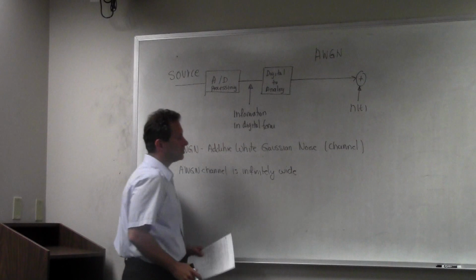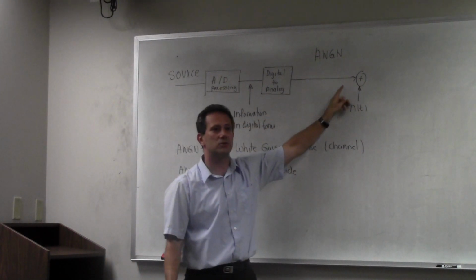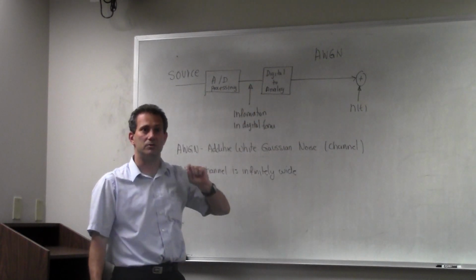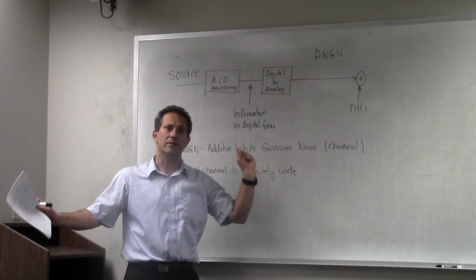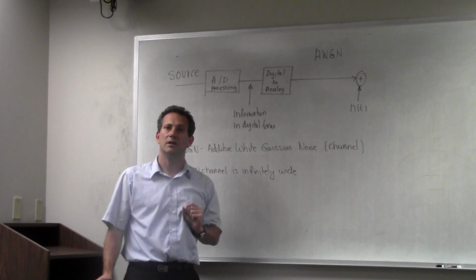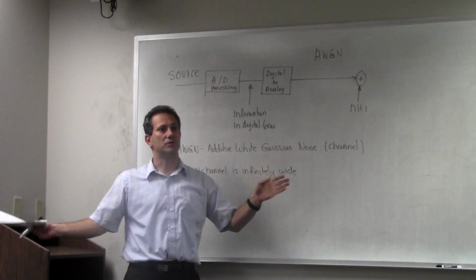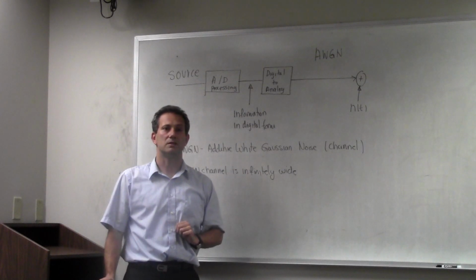In other words, what is not seen here by just connecting a straight line, and is not in this acronym AWGN, is that we put no restrictions on a band. We assume that our channel has a very, very large band. How large? Sufficiently large so that it does not impact the signal in terms of filtering.